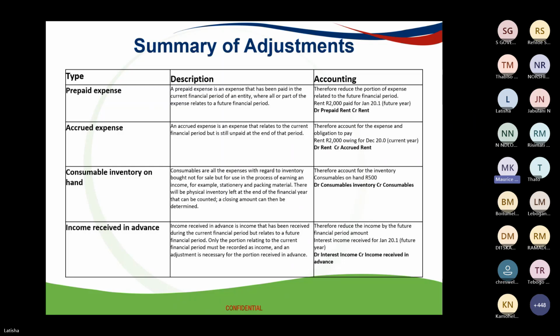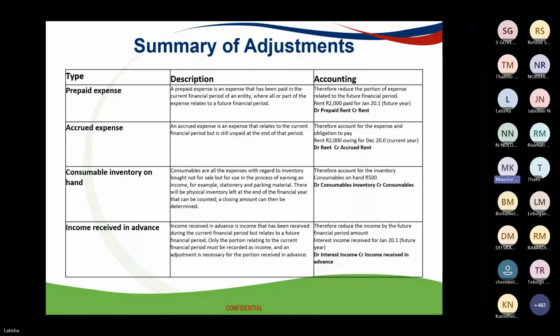So if we have paid for that expense for 13 months, what we need to do in the financial statements is to adjust that 1 month that pertains to the following year only, so that we can only record the one that pertains to this financial year.